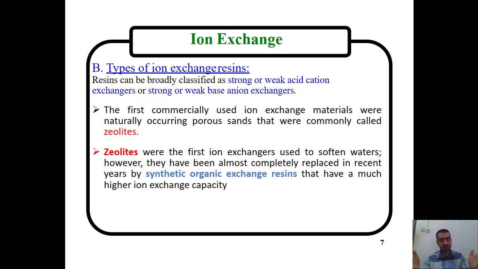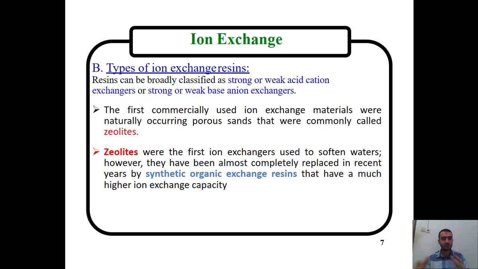So the resins based on hydrogen are strong acid cationic exchangers, and the exchangers based on the hydroxyl group are strong base anion exchangers.